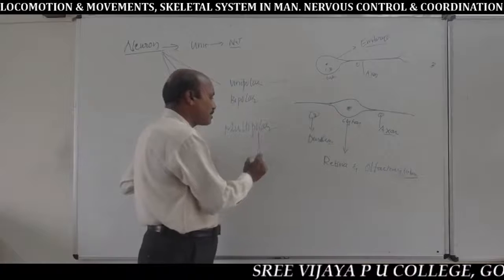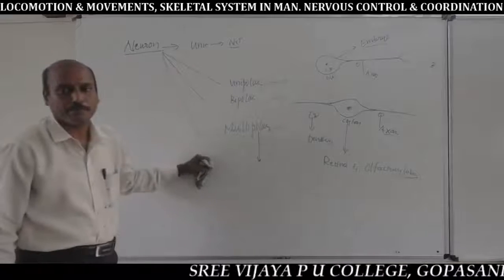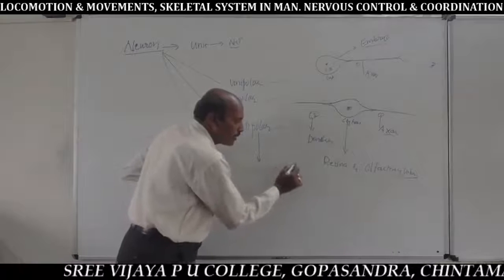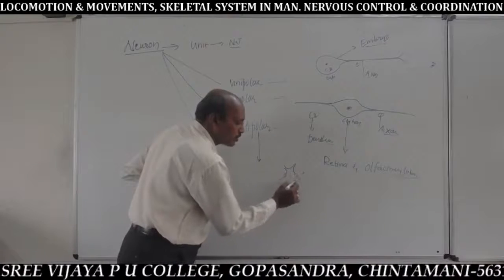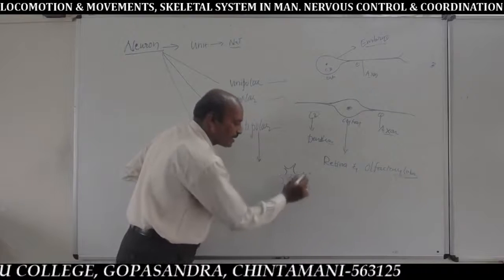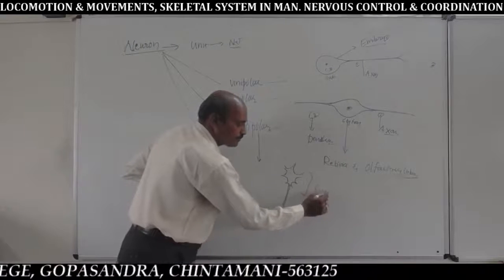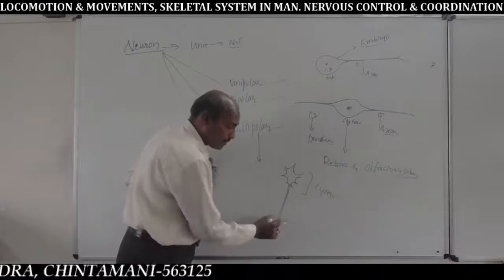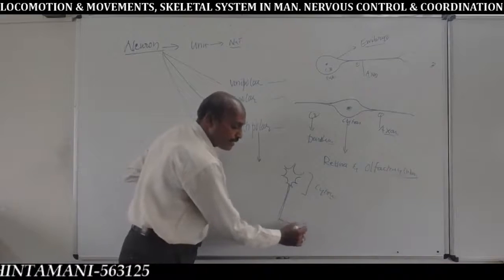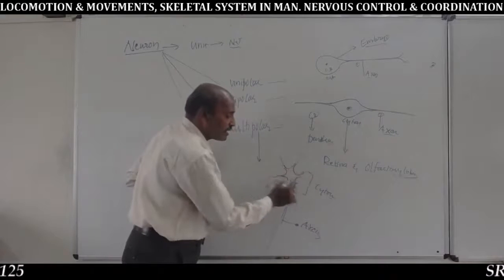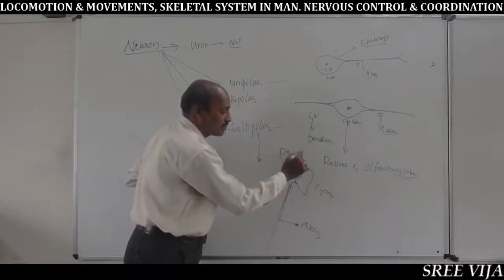Next to the bipolar neuron is the multipolar neuron. Here, in a multipolar neuron, many projections, more than two projections, arise from the cyton. Among them only one projection acts as axon and the remaining function as dendrons.